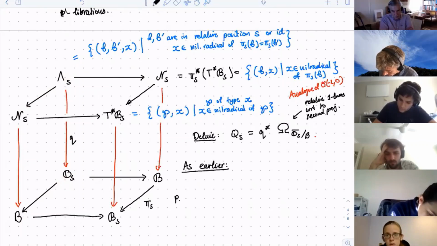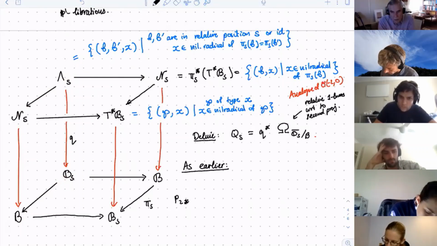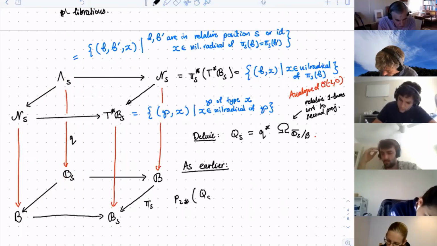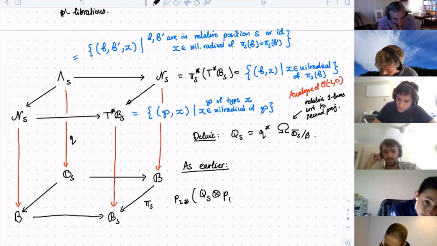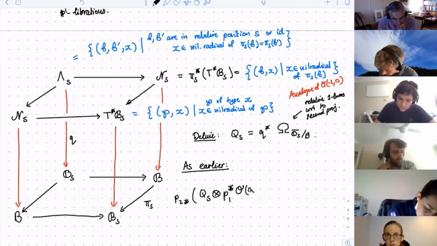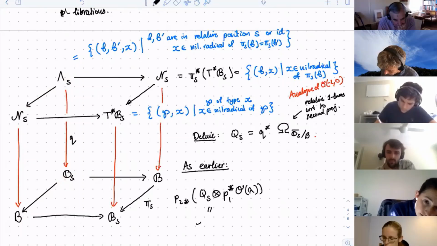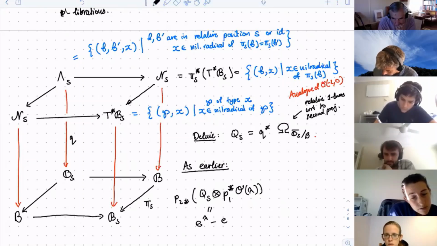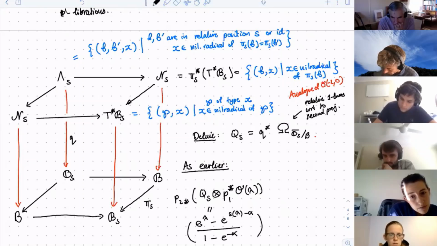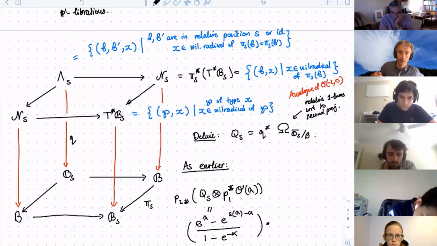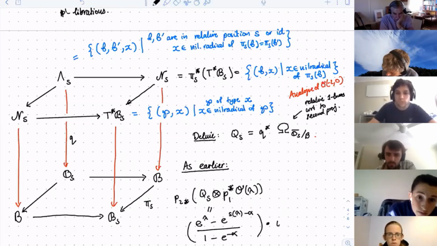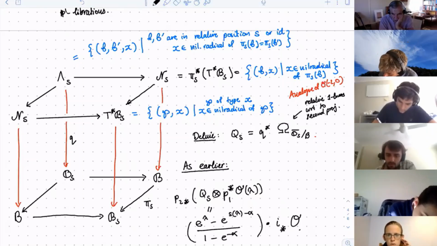If we take P2 lower star of QS tensored P1 upper star of O of lambda, this is e to the lambda minus e to the, this class that kind of comes from P1 times, and before we had the thing supported on the 0 section, here we have I lower star O of n tilde minus alpha.